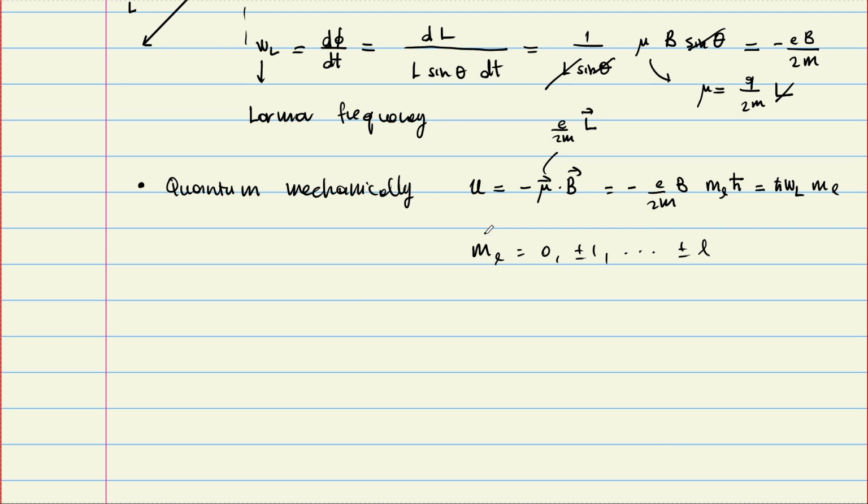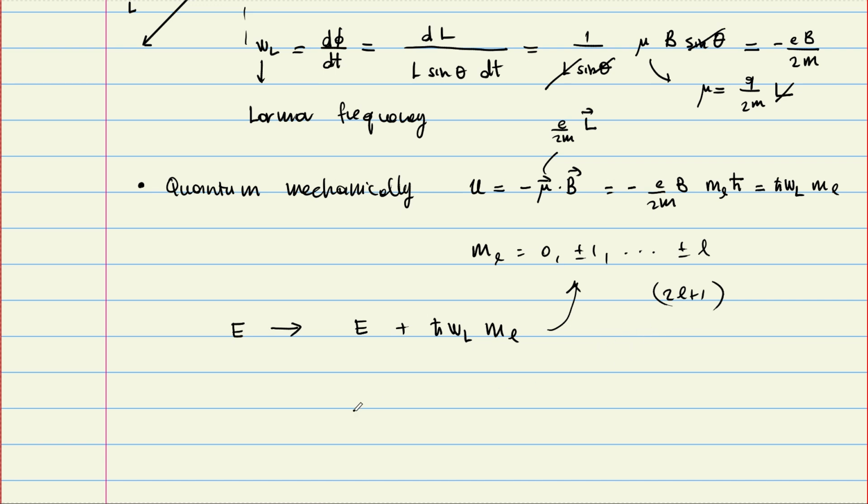And what this says is, initially I had these energy eigenstates. Let me call them E. But when I turn on the magnetic field, I'm going to have E plus this h bar omega L times m_l. And basically we are saying that each line is going to split into 2L plus 1 sublines, right?